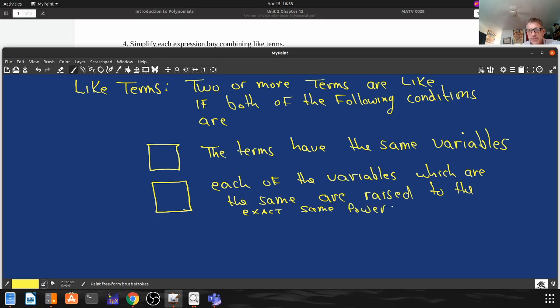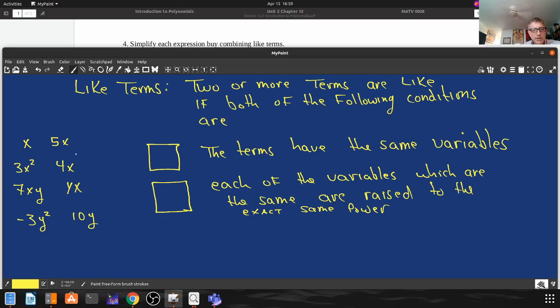So let's look at some examples here. I'll come over here for my examples. Let's look at x and 5x, 3x squared and 4x, 7xy and y times x, minus 3y squared and 10y.